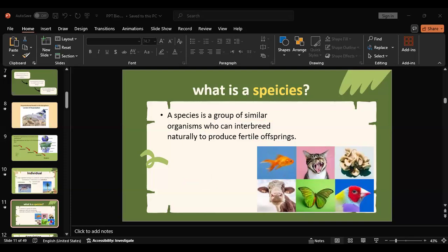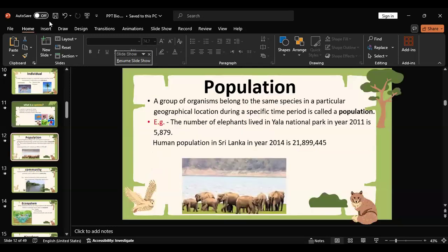Okay, next level is the population. What does population mean?